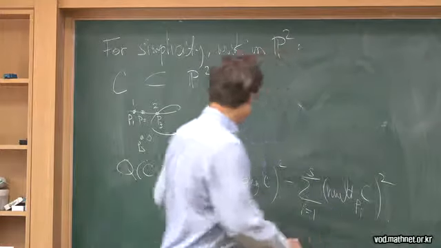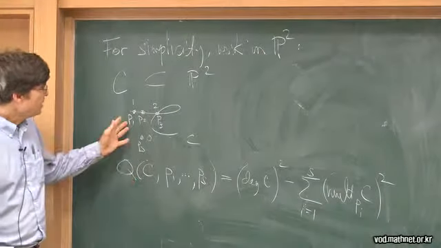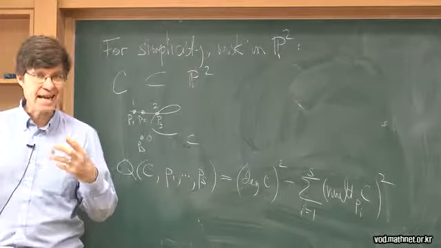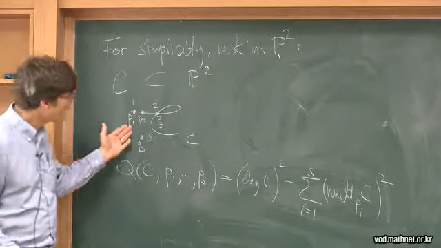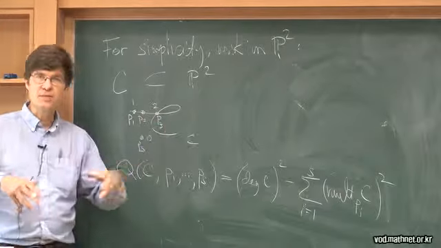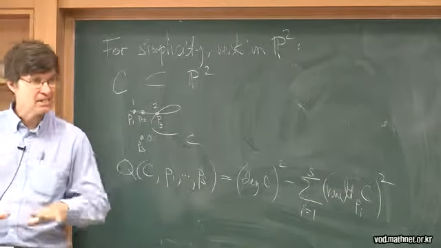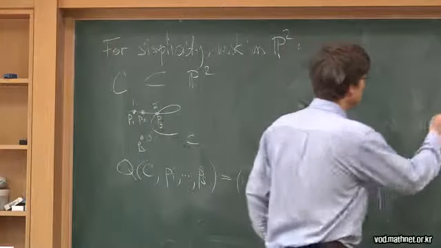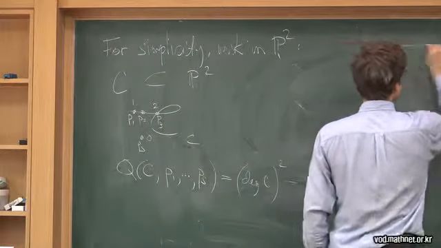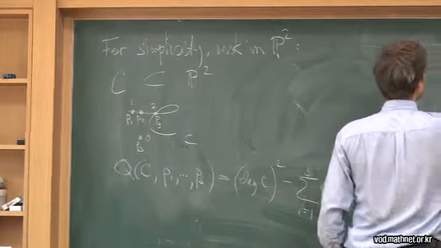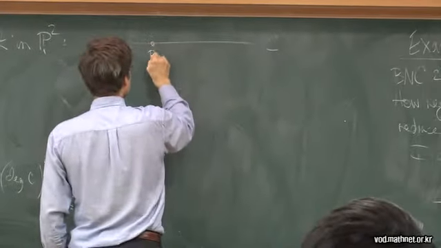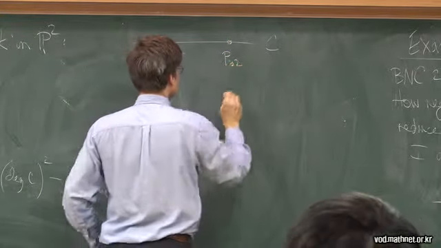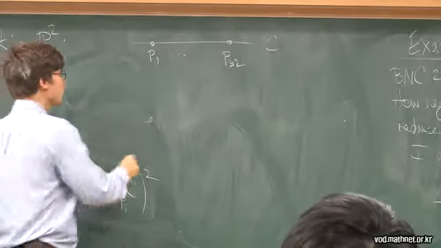Now, an advantage here is that what I can do is I can pick a curve that I think will give me a very negative value, and then I can pick the points on that curve to try to minimize the value, make it as negative as possible. So here's an example. We already did this one. Suppose we have a line, and the points, let's pick 32 points.